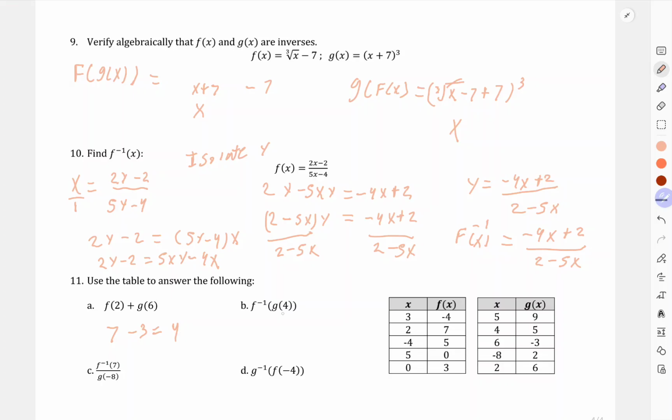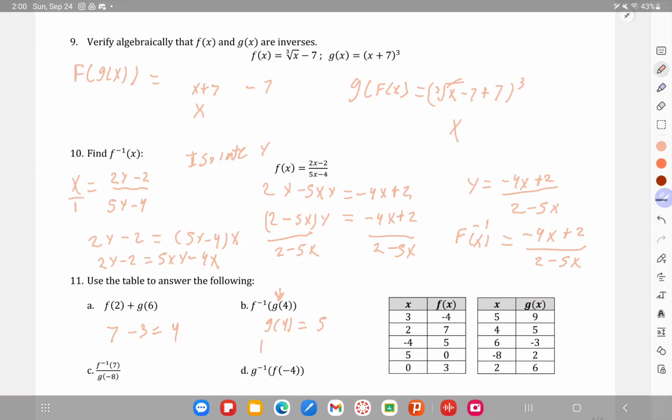Now, what is the inverse of g of 4? Okay, we start from the inside. So we go, okay, what is g of 4? G of 4 is equal to, let's look at it, g of 4, 5. Okay, we know that it is 5.